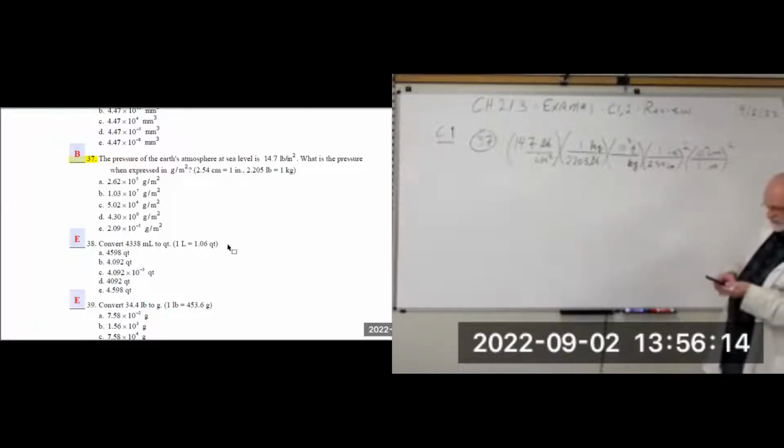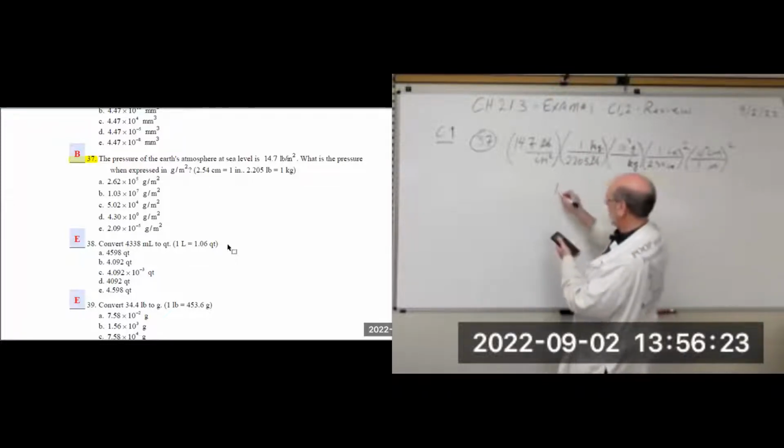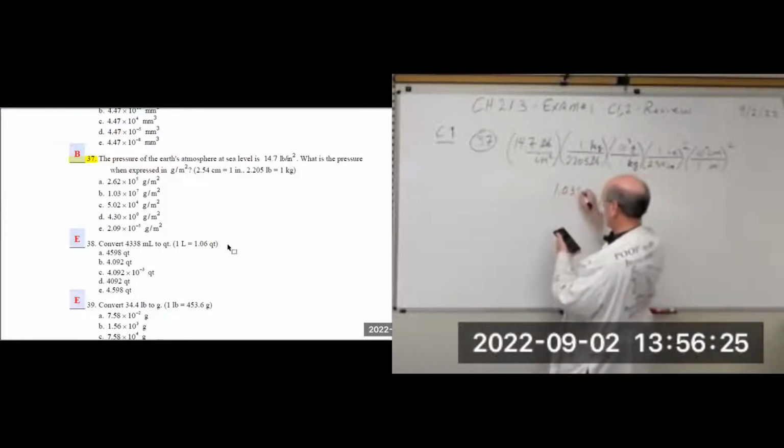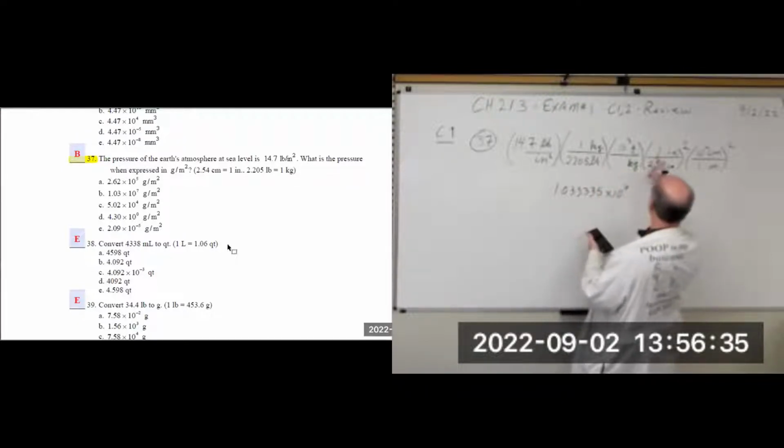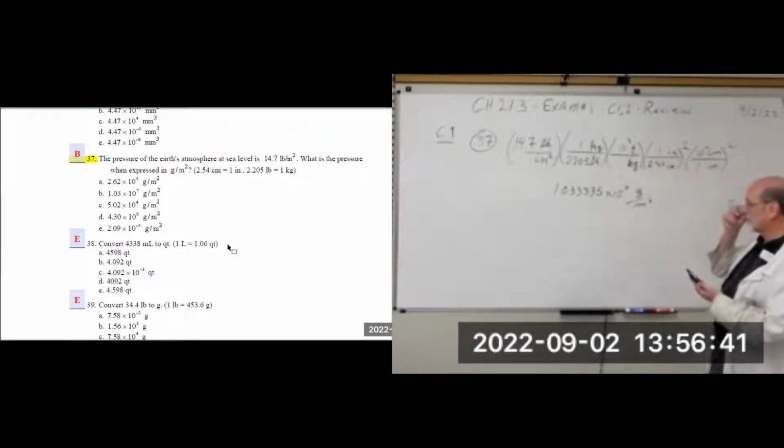So that's 10,000. There we go. Okay. I get 1.033331234 times 10 to the 7th grams per square meter.